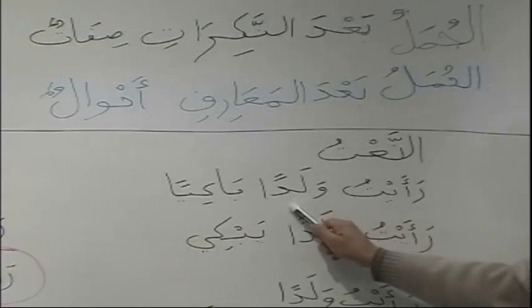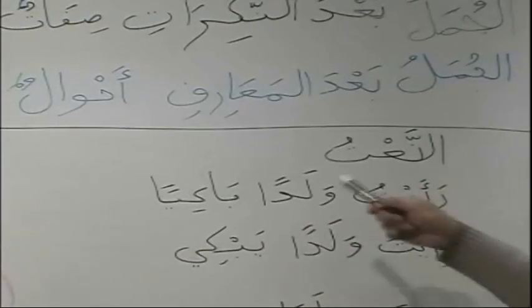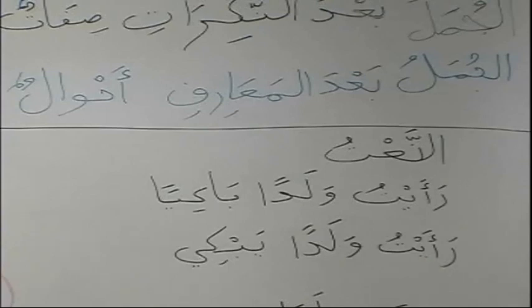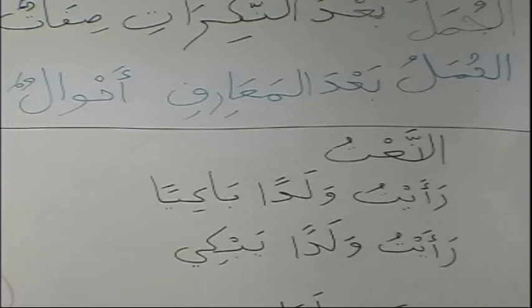Okay, brothers and sisters. Now I have written some sentences. I want you to pay attention. Raitu waladan. What is waladan? Indefinite. So what is baqiyan? Naat. Correct? Okay. Now I want to change that baqiyan, which is naat, into hal.